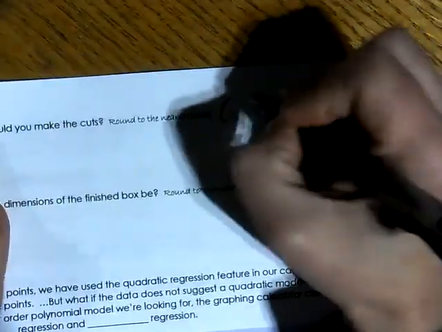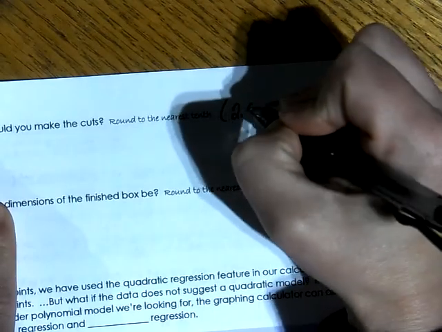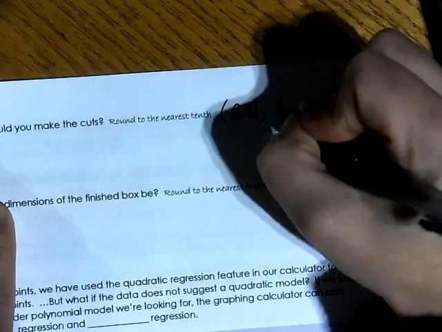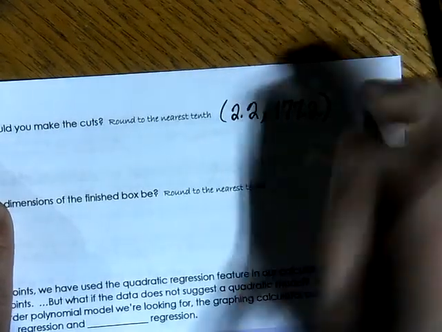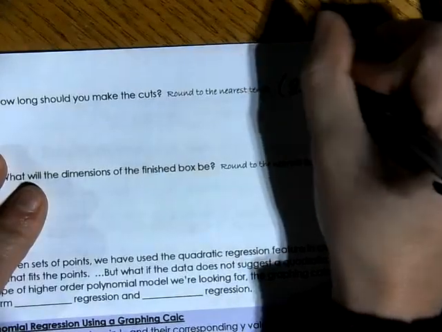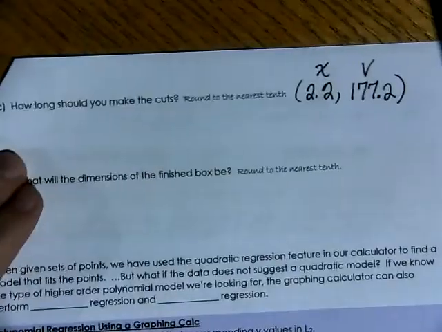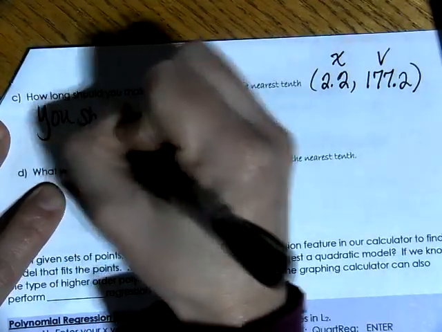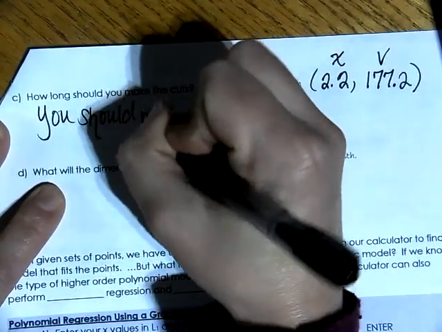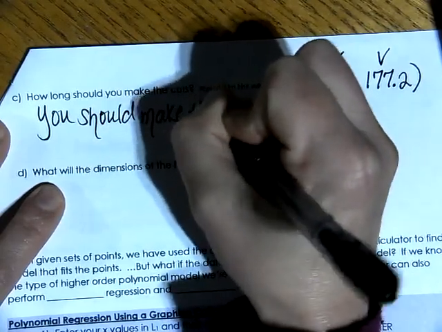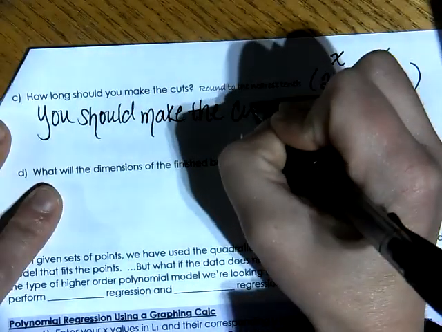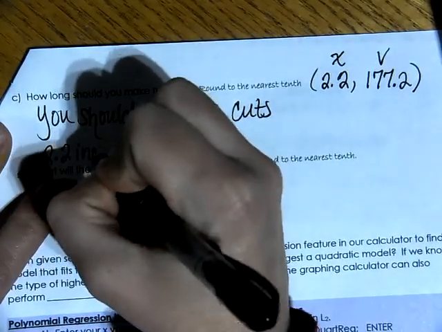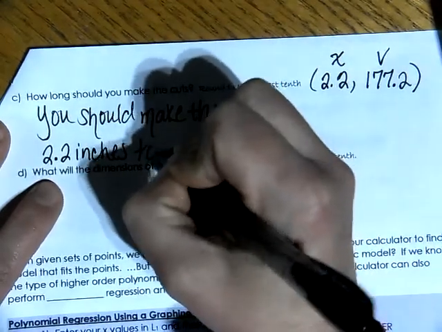Because our ordered pair for the local maximum was 2.2, 177.2. So 2.2 represents x, and 177.2 represents our volume. So you should make the cuts 2.2 inches to maximize the volume.